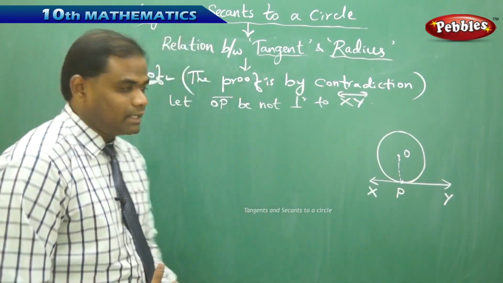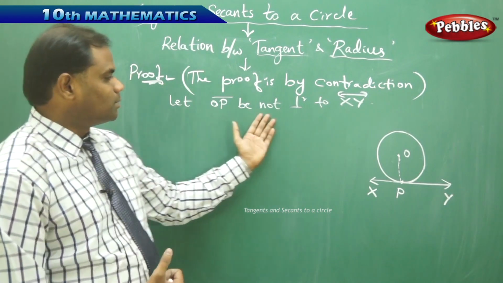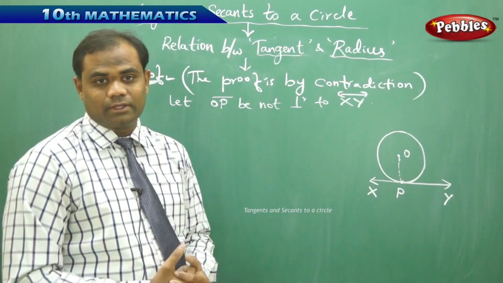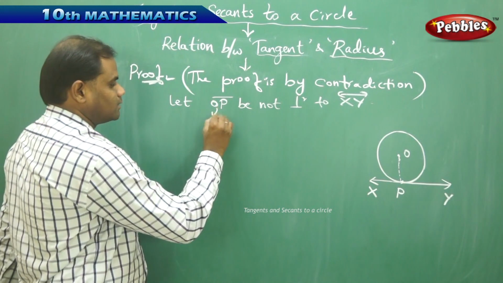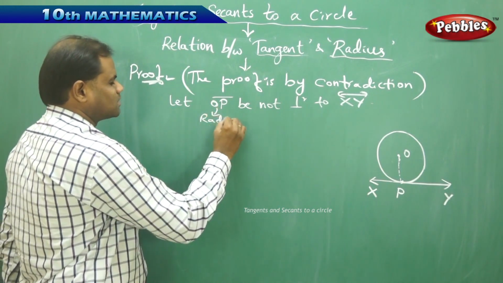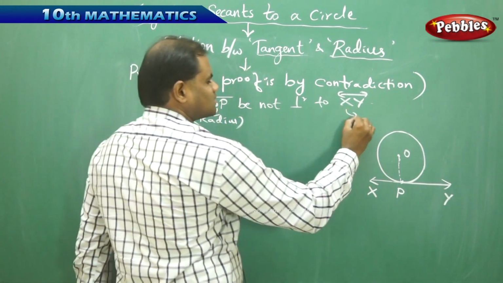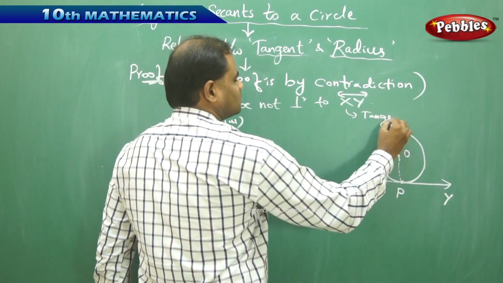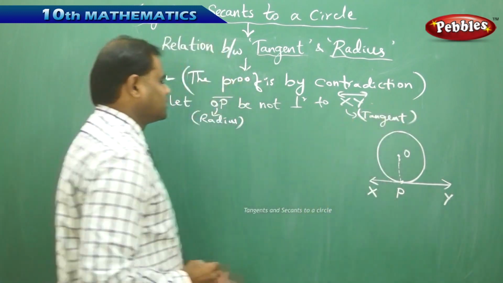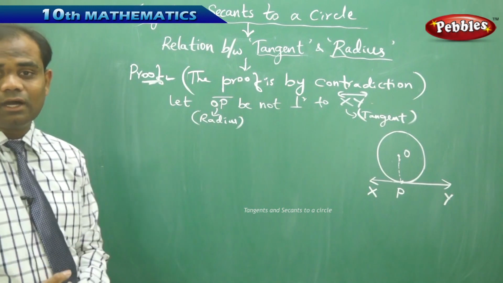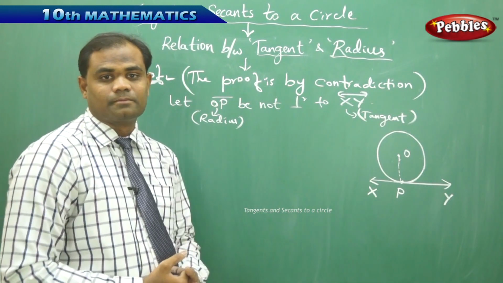So to start with, I assume that OP is not perpendicular to XY, where this is the radius passing through P, and this is the tangent at P. So identifying the radius and tangent, let's see how we can proceed with the proof.